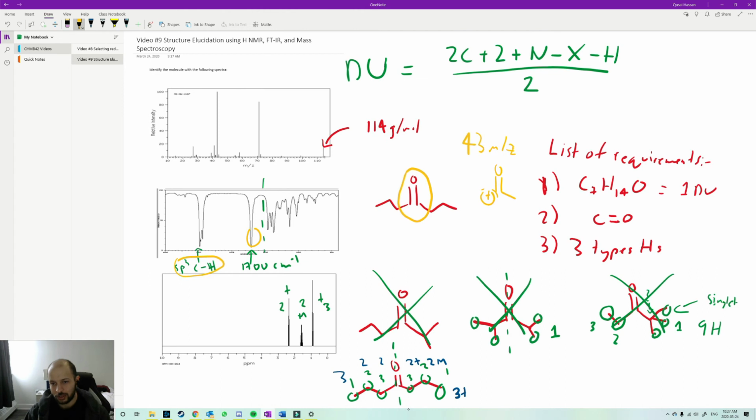Because I know this acylium ion. Let me just draw that. It could resonate. It could give me this very stable resonance structure here, right?